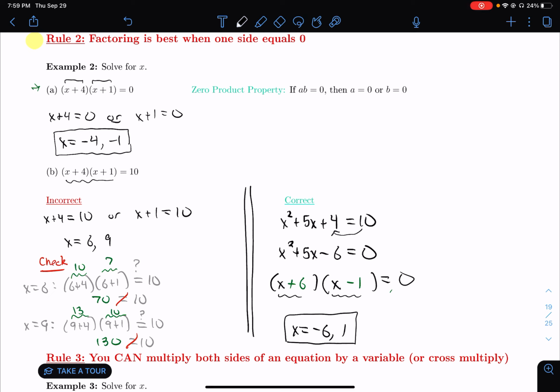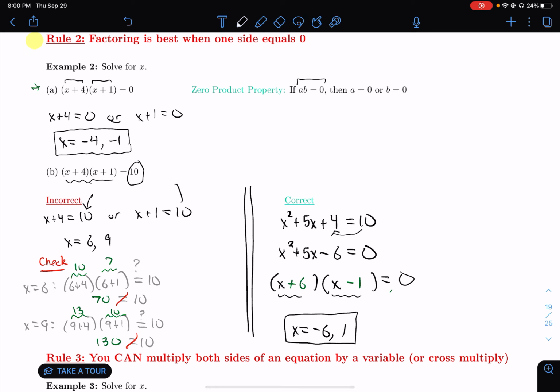The key thing there is that for the zero product property to work, I have to have zero on the other side. If two things multiply to zero, then one of those two factors equals zero. But if the other side is a different number, like 10, this method didn't work, because what we were assuming was that if two numbers multiply to 10, then one of those two things has to be 10.